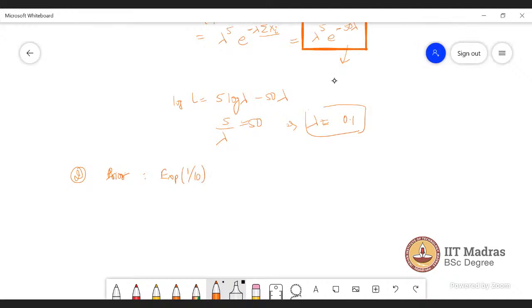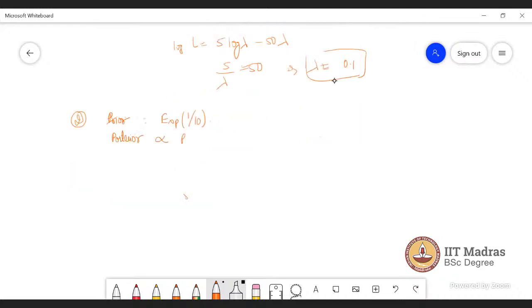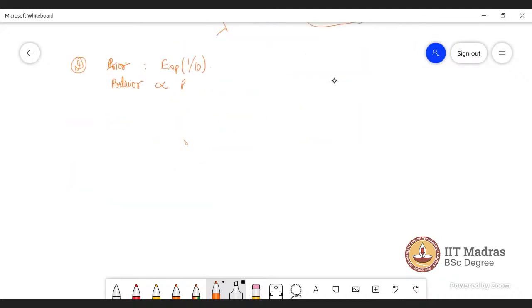So how do you find the posterior? Posterior is given by prior times likelihood.